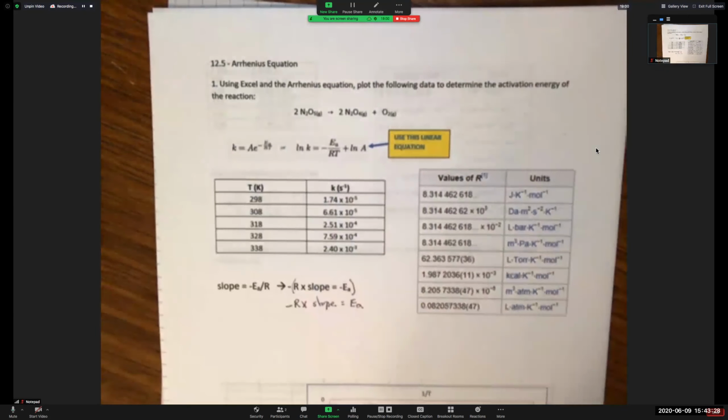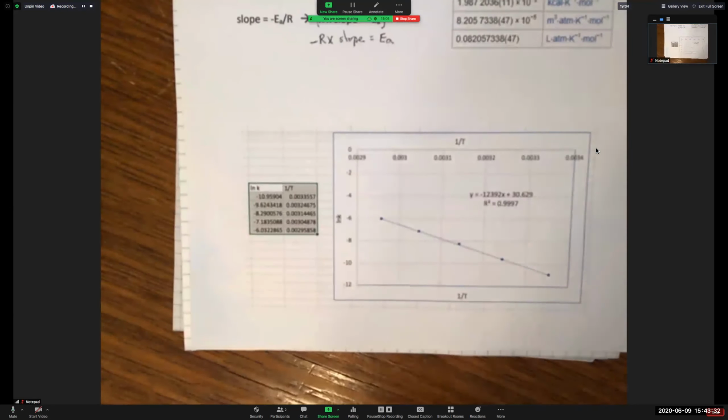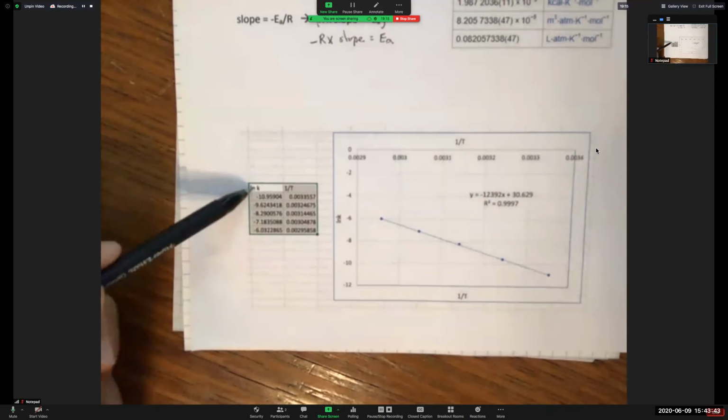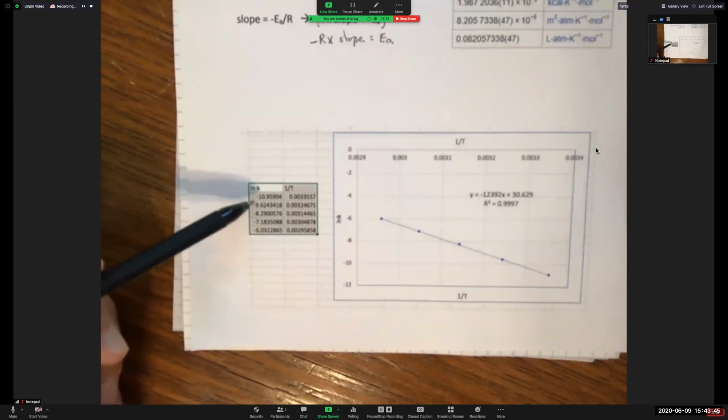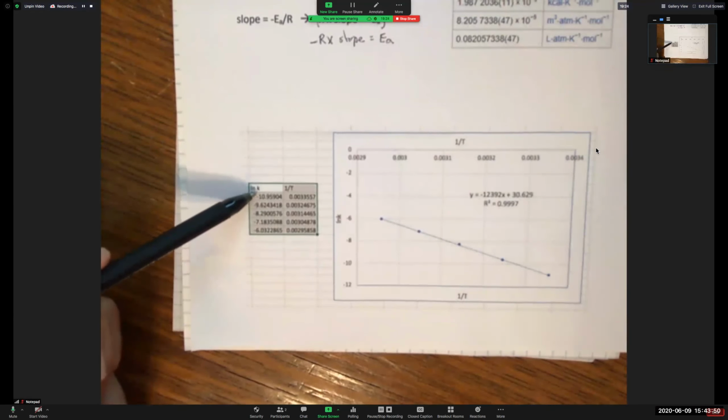So I did this plot already. I was going to do it live, but it wasn't that easy for me to get this plot in Excel. I guess I'm a little rusty. It wasn't very hard to change the rate constants into the logs, and it wasn't very hard to get the inverse temperature values, but it was hard to get this plot.